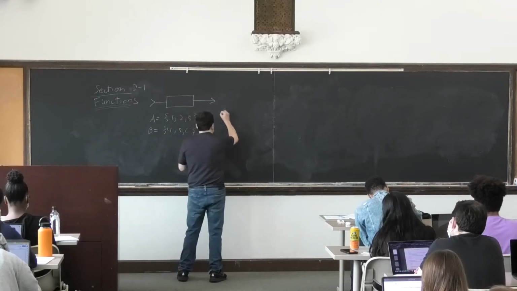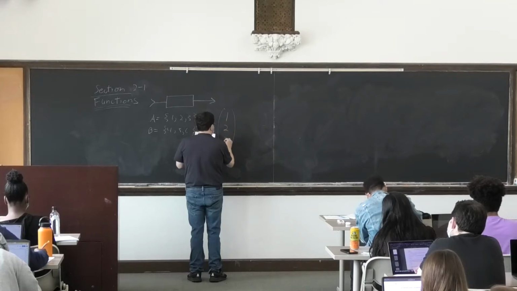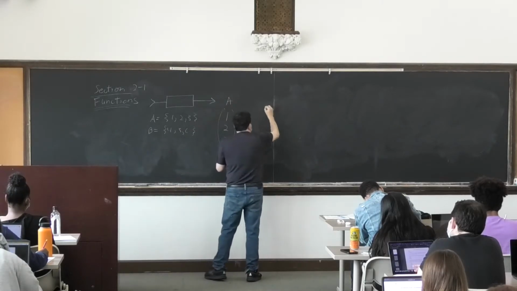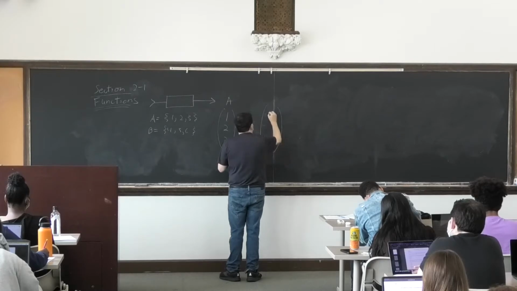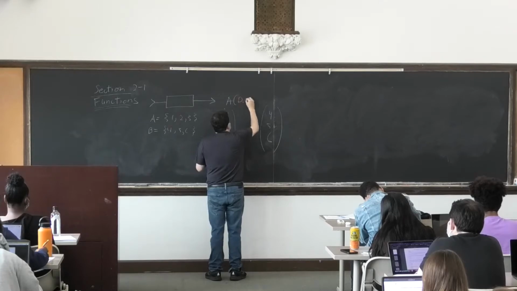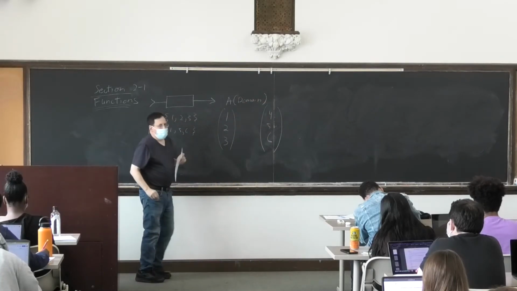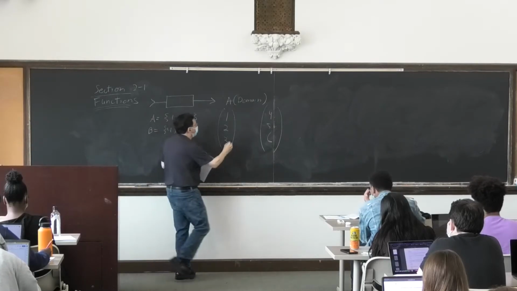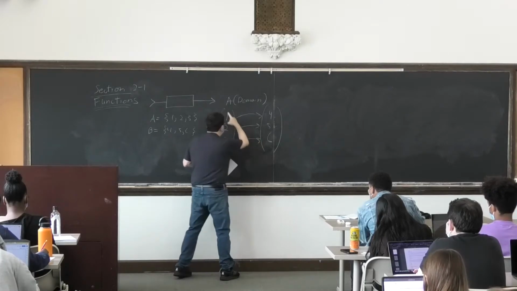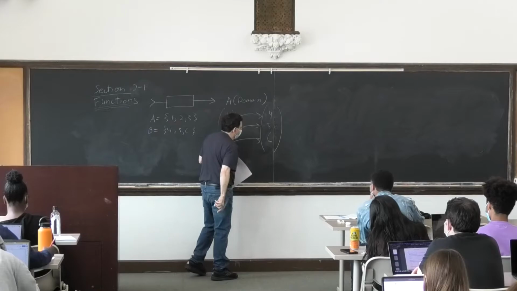It consists of a set, which is the A set right now, which we have a name for. We call it a domain. And we have a mapping. We map each element in the first set to the second set.